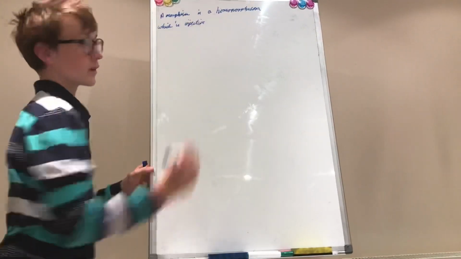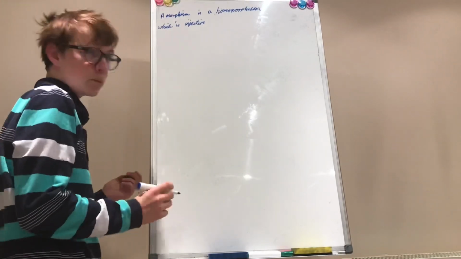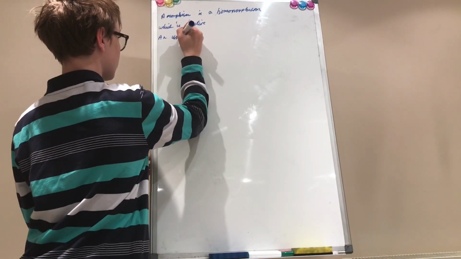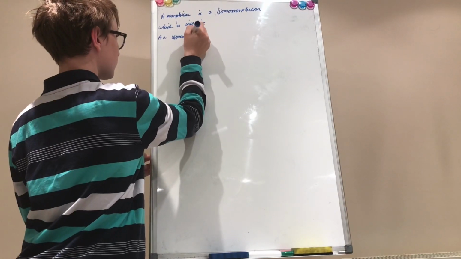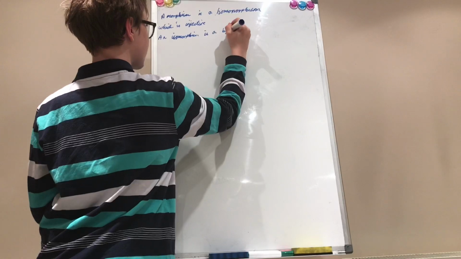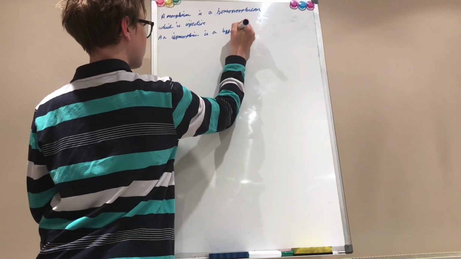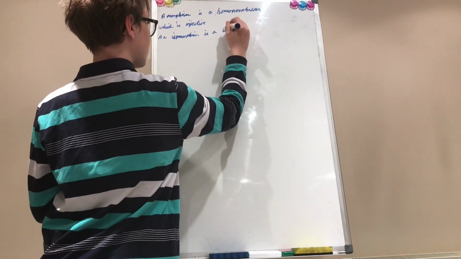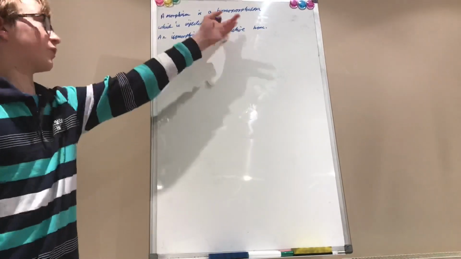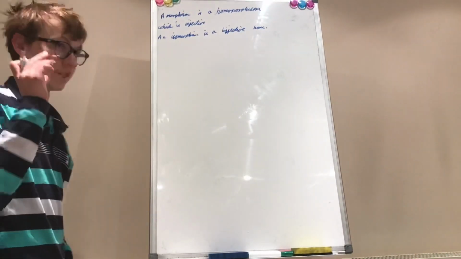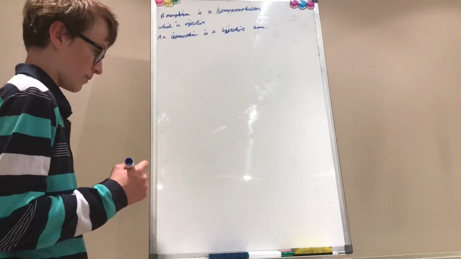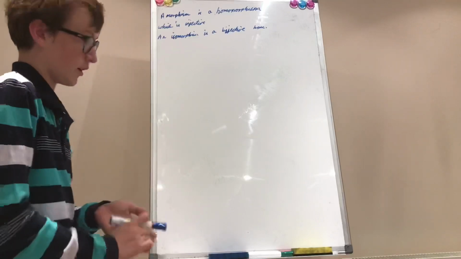An isomorphism is a bijective homomorphism. And I'm just going to write it like that because writing out homomorphism is really tedious. And I don't want to waste ink, especially in these strange times where getting markers is hard.